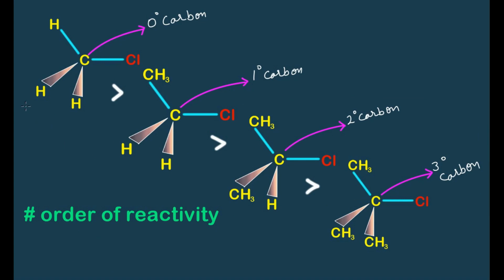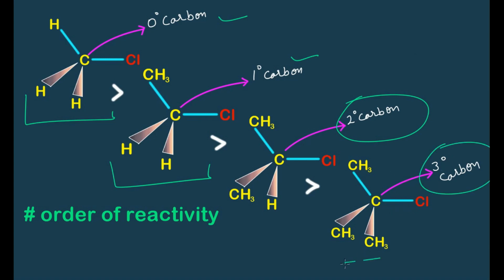If you are given the choices to proceed with the Sn2 mechanism, the first choice will be 0 degree carbon, or methyl chloride. The second choice will be primary carbon. These two will definitely give the Sn2 mechanism. Secondary carbon can give the Sn2 mechanism, but it depends on various conditions, right? And tertiary carbon will not give the Sn2 mechanism. Remember this.